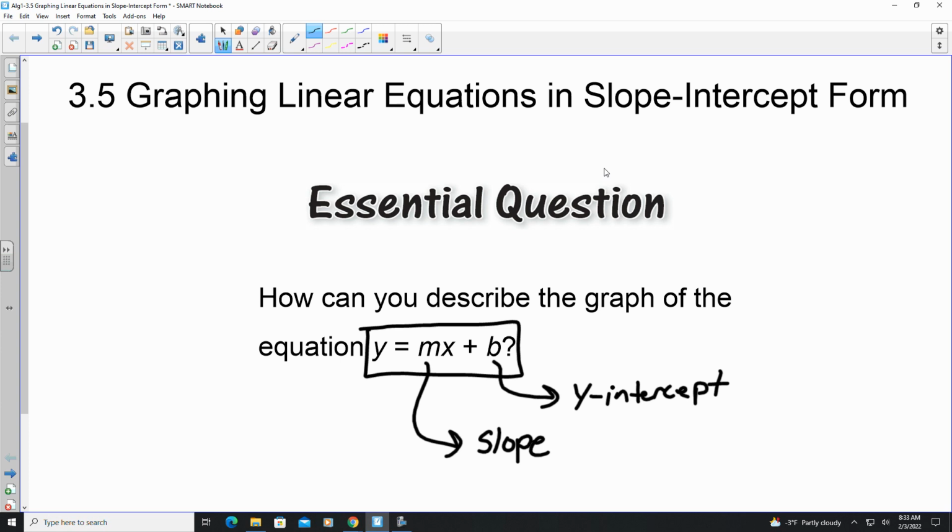So throughout this lesson, we're going to take a look at different things that are going to allow us to determine what the slope is and what the y-intercept is for a particular linear equation.